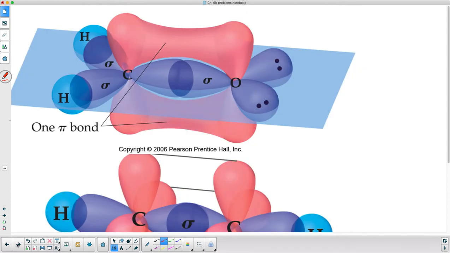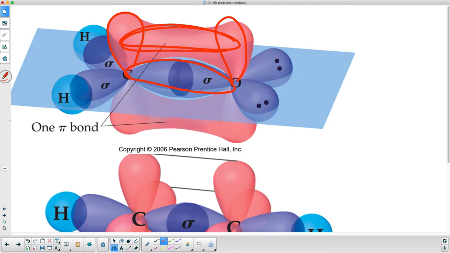This is really confusing. This right here would be our sigma bond. That's end on end. One lobe comes from one carbon, one lobe comes from one oxygen, and they overlap in the middle, and this is the strongest overlap. That's why it's called a sigma bond. The other bonds are the ones you see up here, where the overlap happens side to side. This is a double bond because this is one lobe of the same p.